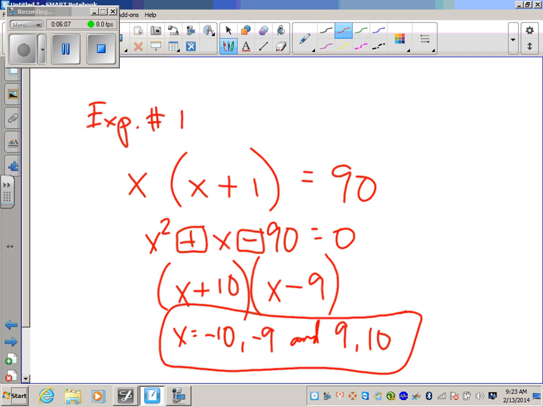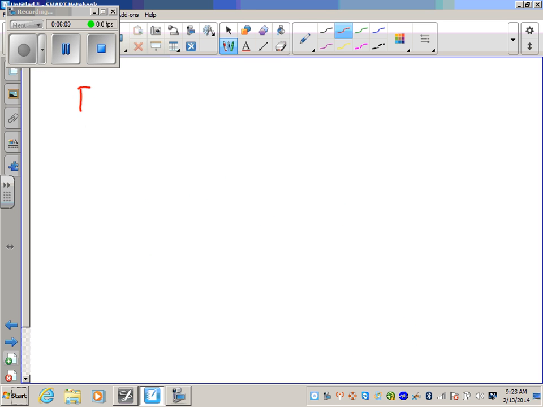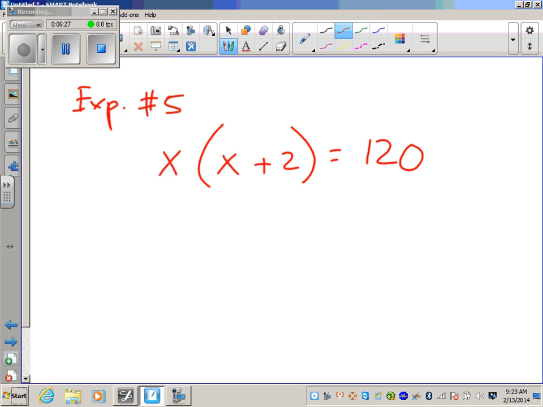Try exploratory number 5. So what's different here? The product of 2 consecutive even integers. So I'm going to say x times x plus 2 is equal to 120. So x squared plus 2x, let's subtract that 120 right away. So factors of negative 120, which are going to give us a positive 2.